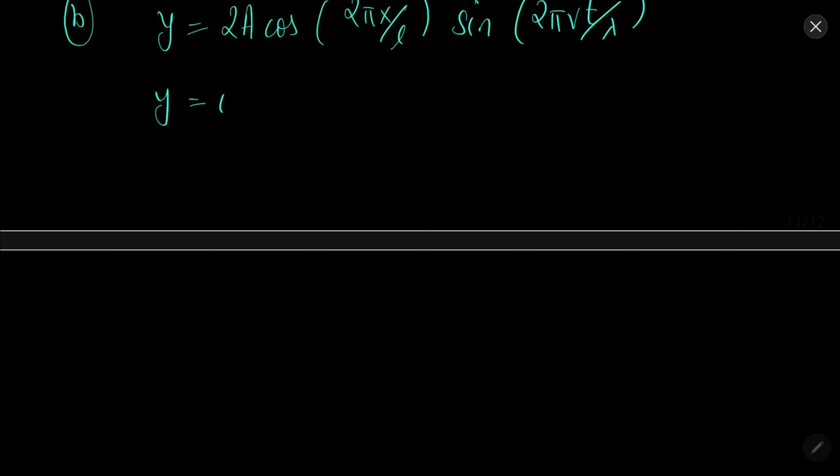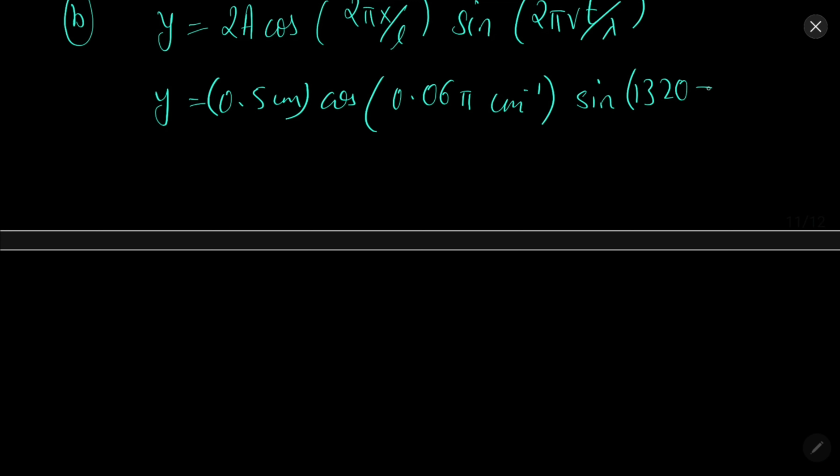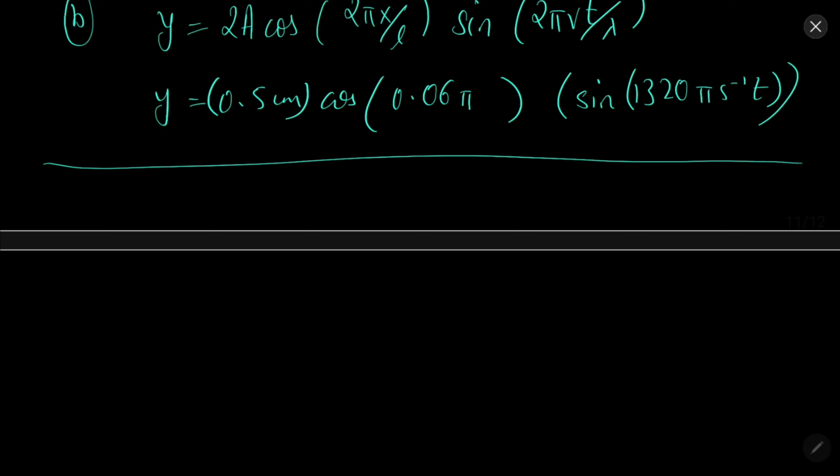So y will be 0.5 cos 0.06 pi per centimeter x and sine 1320 pi per second into t. So y will come out this much. This will be the equation.